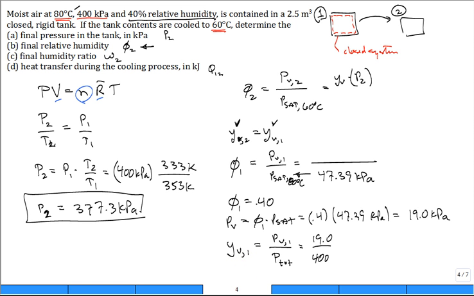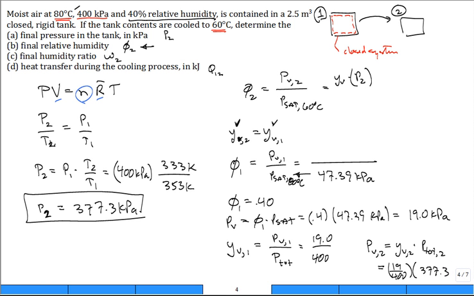But the mole fractions stay the same. And so we can calculate the partial pressure of the vapor at state 2. That's going to be the mole fraction of the vapor at 2 times the total pressure at 2, which is 19 over 400 times 377.3.